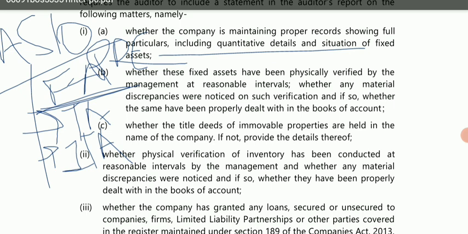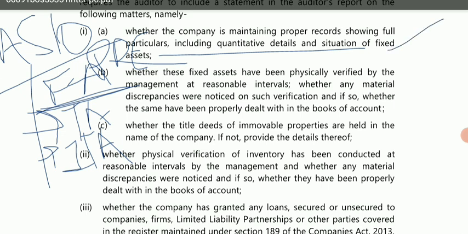It should not happen that the machine is not able to work, the machine is not able to produce anything, and still the company is showing that machine in its fixed assets. Okay, it should not happen like that. The asset should provide value to the company and also the asset should be in a proper usable condition. So you have to report in your audit report whether the company is maintaining proper records or not. Okay, so this was your first point.